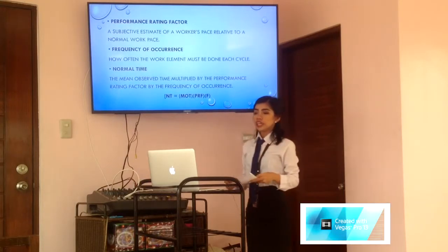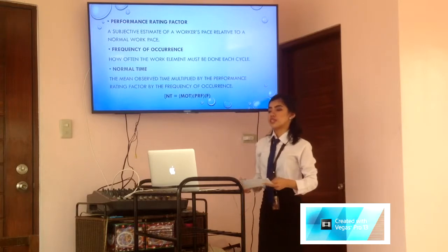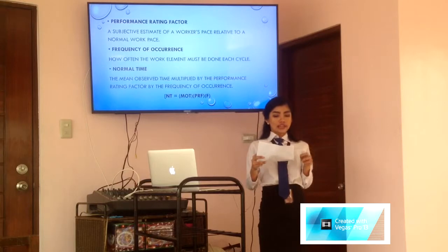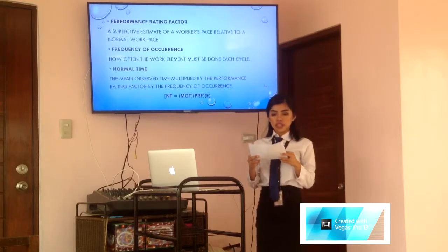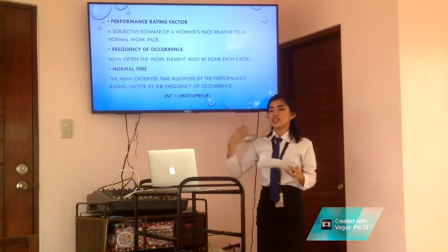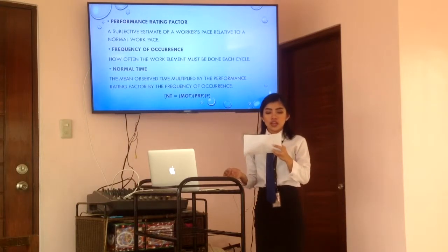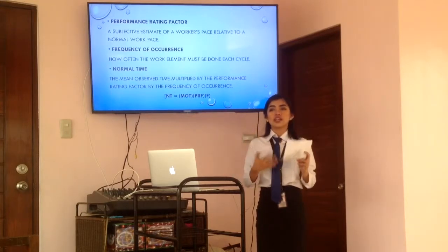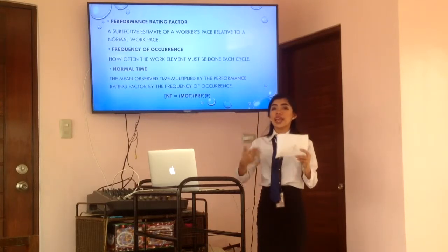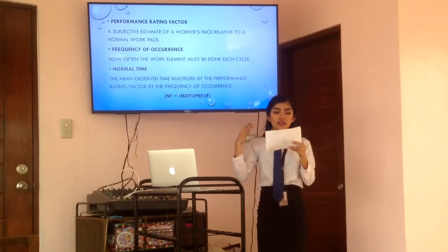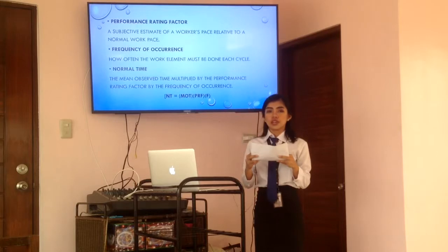Next is frequency of occurrence. It is how often the work element must be done in each cycle. One factor to consider in calculating time standard is the frequency of occurrence. We expect most elements to be done every cycle, and if the element is done every cycle, with no lapses, the frequency of occurrence is equal to 1.